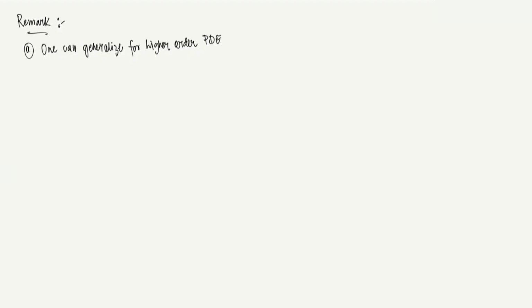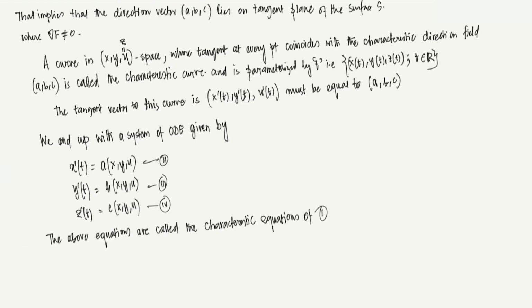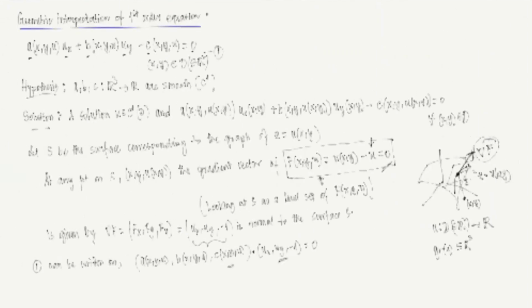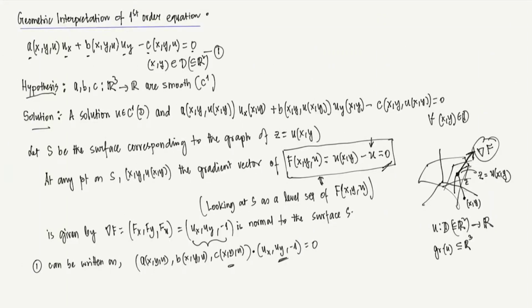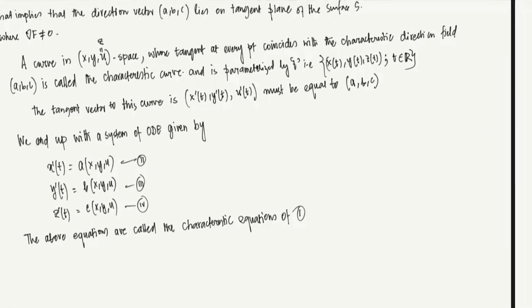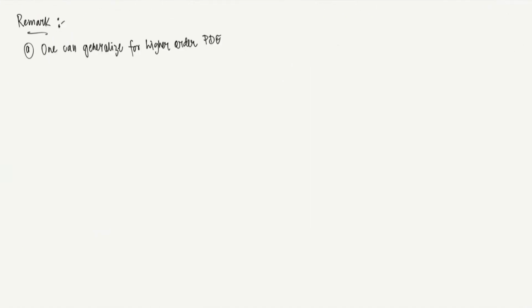But you do realize what is happening even for this PDE: the visualization is in R3. So if you are looking at a higher order PDE, the visualization will not be possible, because that will be more than 3 dimensions.